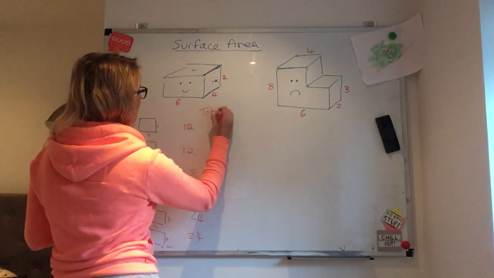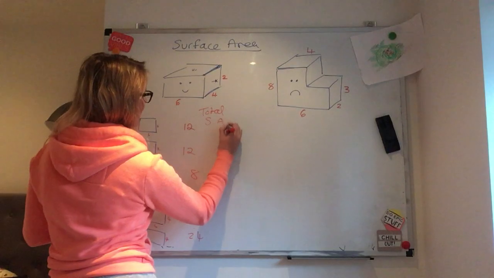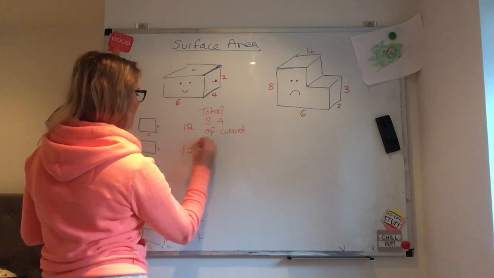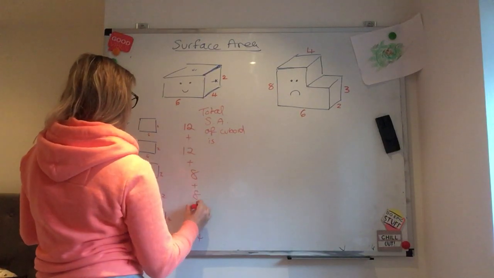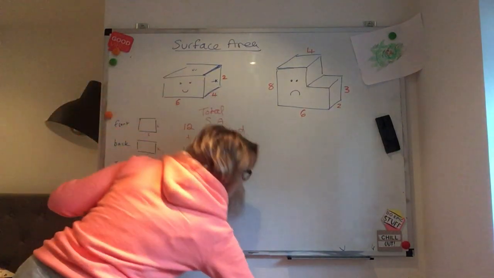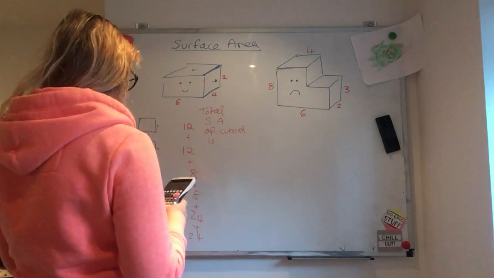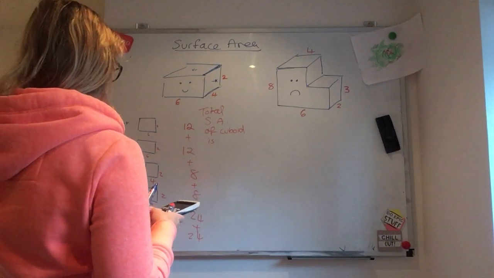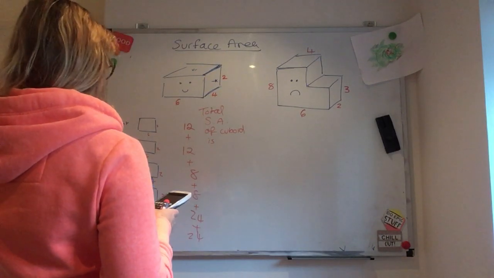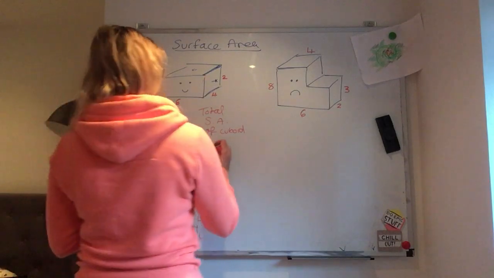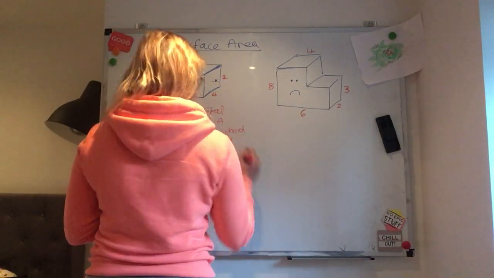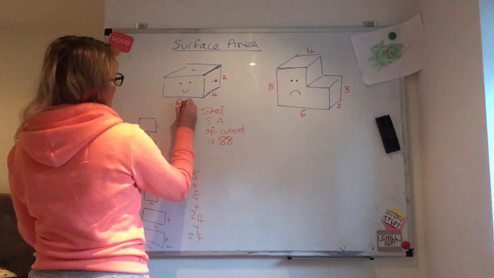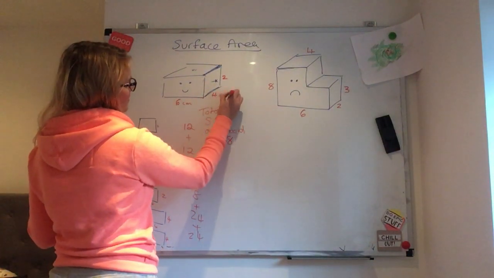So the total surface area of the cuboid is, add them all up. 24, add 24, and if we were thinking about putting units on this, then this would be centimetres because it's just lengths.